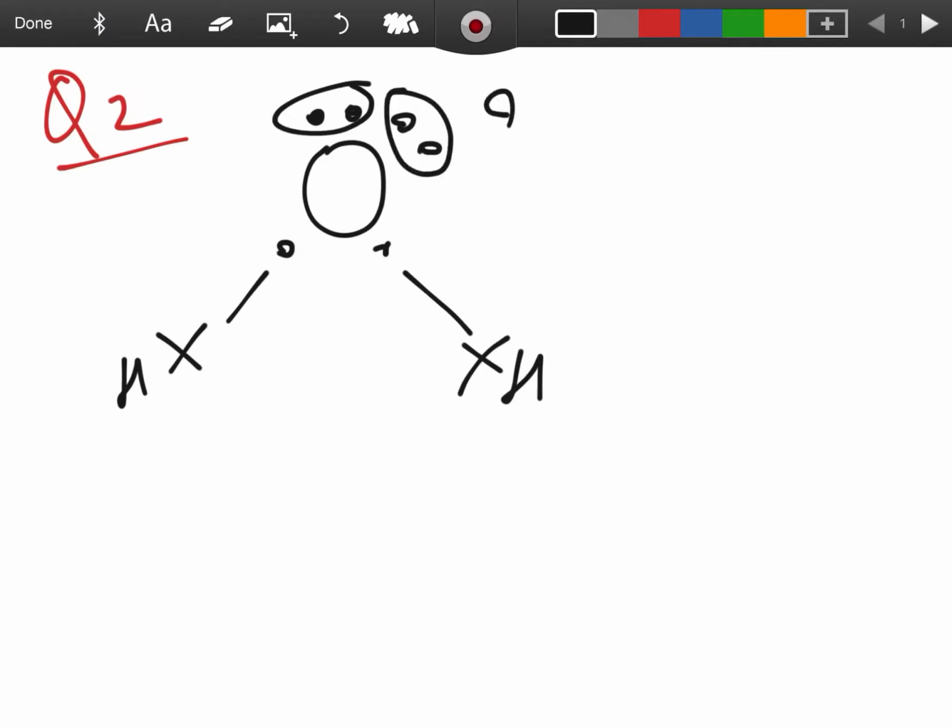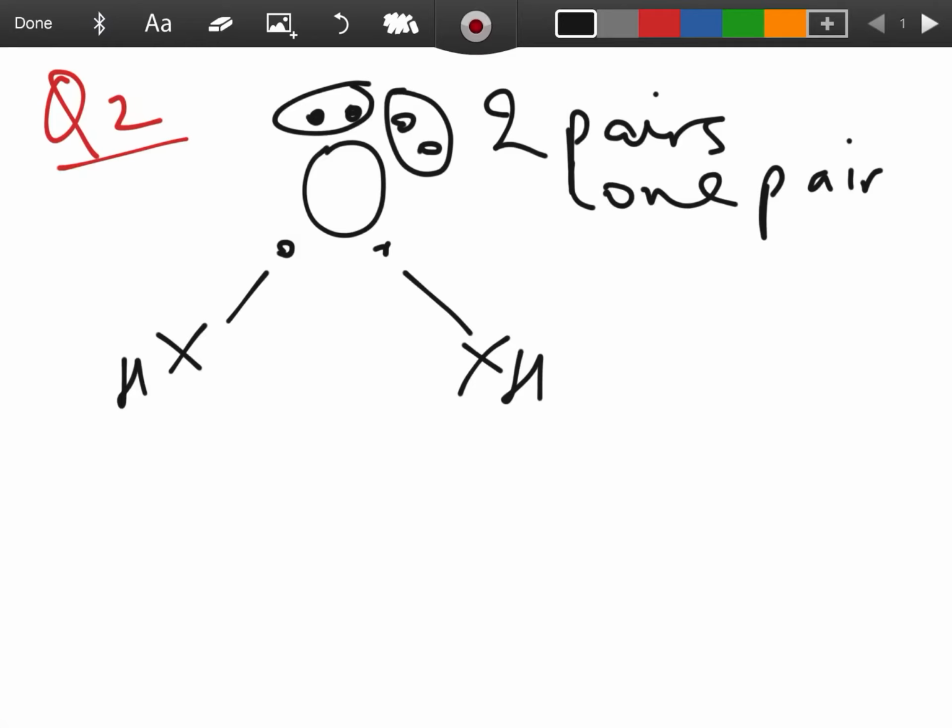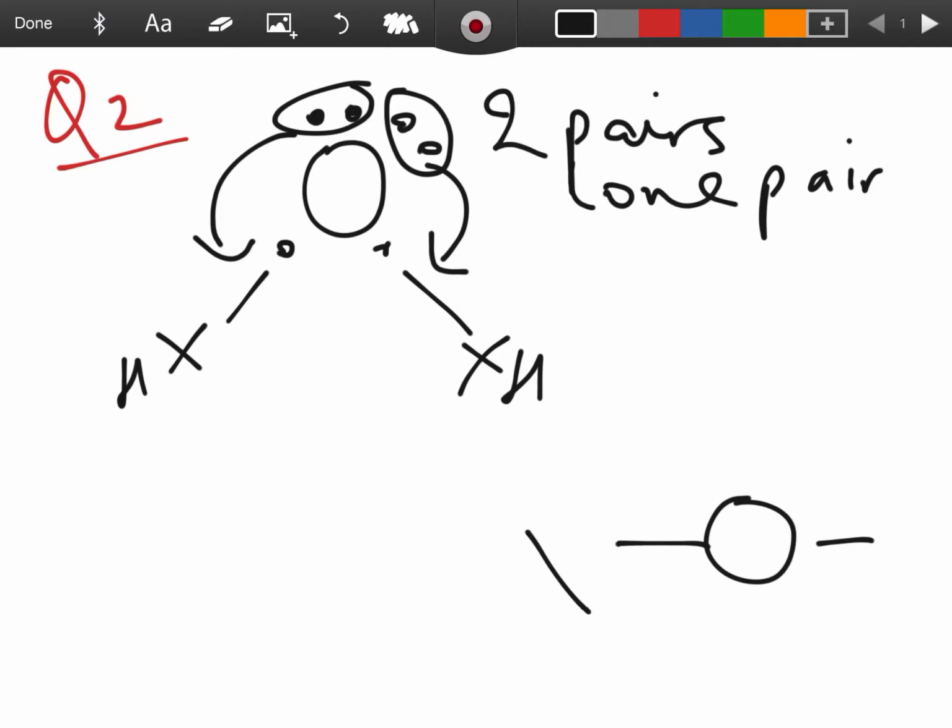Now look what you notice here. You have 2 pairs of electrons that are not involved in bonding, so we call those lone pairs of electrons. What will they do to the bond pairs? They'll push them closer together. So you need to say that lone pairs have greater repulsive forces, pushing bond pairs closer together. Sometimes if you have 2 bond pairs, you might have a situation where it's linear, with 180 degrees.